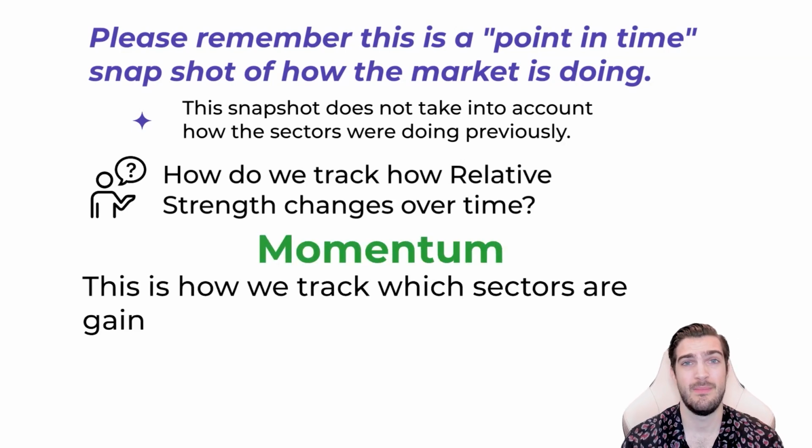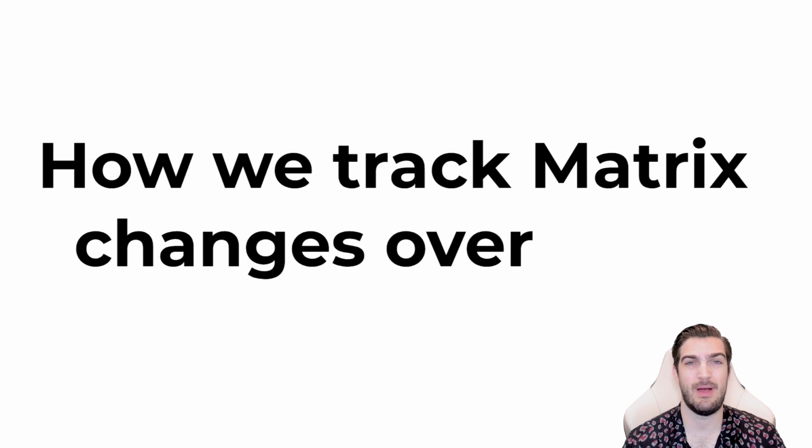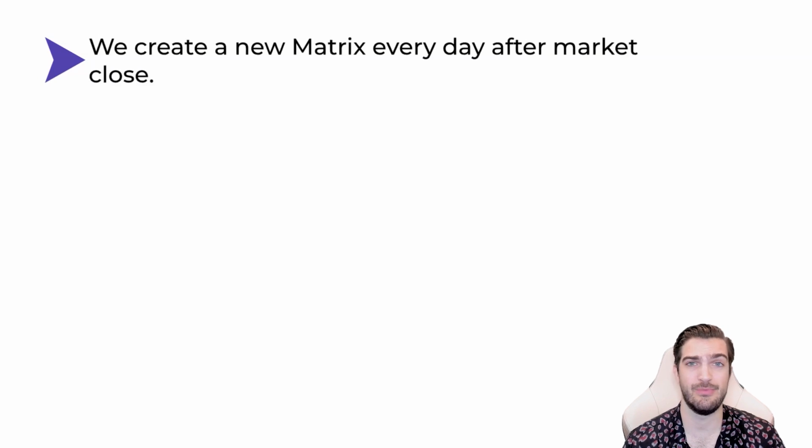Momentum. Momentum is our way of keeping track of how the matrix changes over time to be able to see which sectors are gaining or losing strength. Let's now talk a little bit more about momentum. To make sure that the information that you see on the matrix is as up-to-date as possible, we create a new matrix every single day after the market closes.